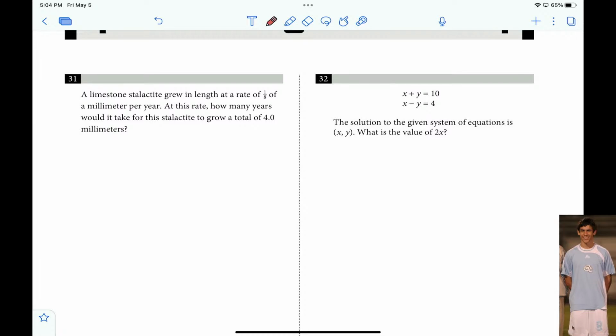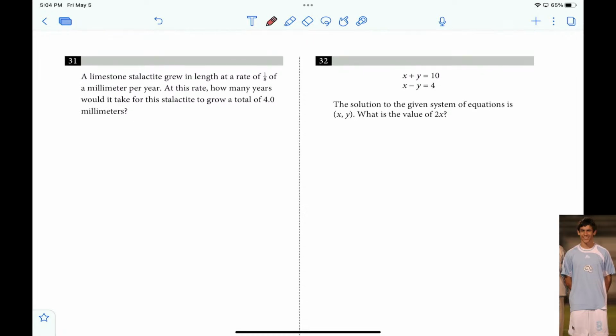All right, so 31 says a limestone stalactite grew in length at a rate of 1/8 of a millimeter per year. At this rate, how many years would it take for this stalactite to grow a total of 4 millimeters? So very often with rates, the word rate comes from ratio. I oftentimes do a ratio.